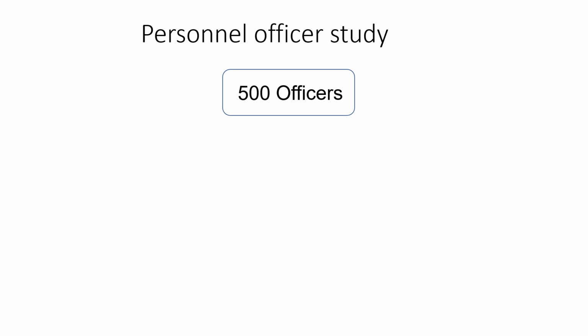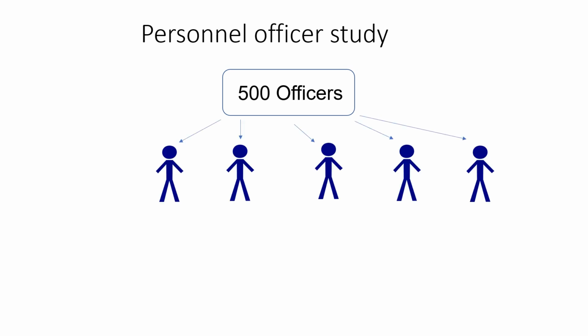Here's a slightly modified example from the book of Natter. A large company has 500 personnel officers. An officer's task is to interview job candidates and assign a rating to each candidate on a scale of 1 to 100. 5 officers are selected at random, and each officer interviews its own set of 10 candidates.